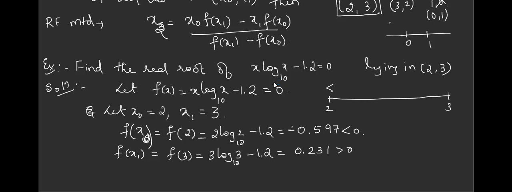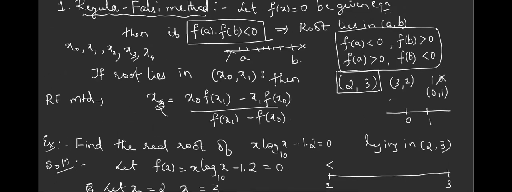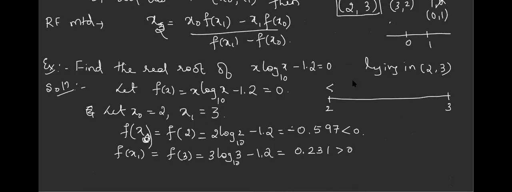Now you can confirm that they have already given that the root lies in 2, 3. So obviously the property f of a into f of b should be satisfied. When you say that the root lies between a and b, f of a into f of b should be less than 0. So f of 2 is negative, f of 3 is positive, and negative into positive is negative.